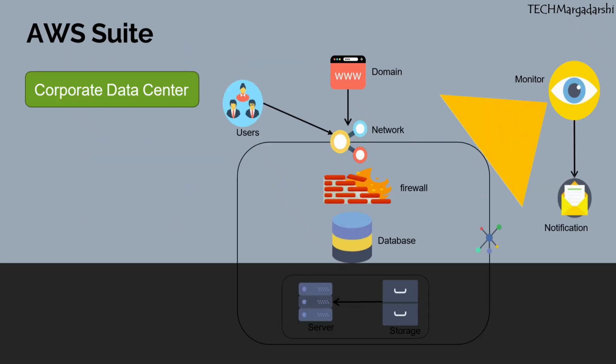Now let's discuss the AWS suite, that is corporate data center versus AWS. In a corporate data center, companies manage servers, storage, firewalls, networking, monitoring, notifications. This requires huge investment, time, skilled manpower. AWS converts all these into services.